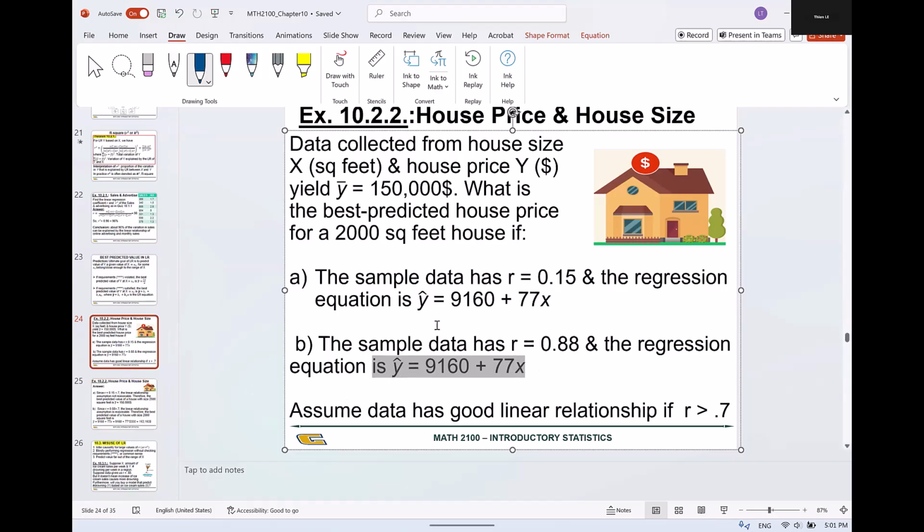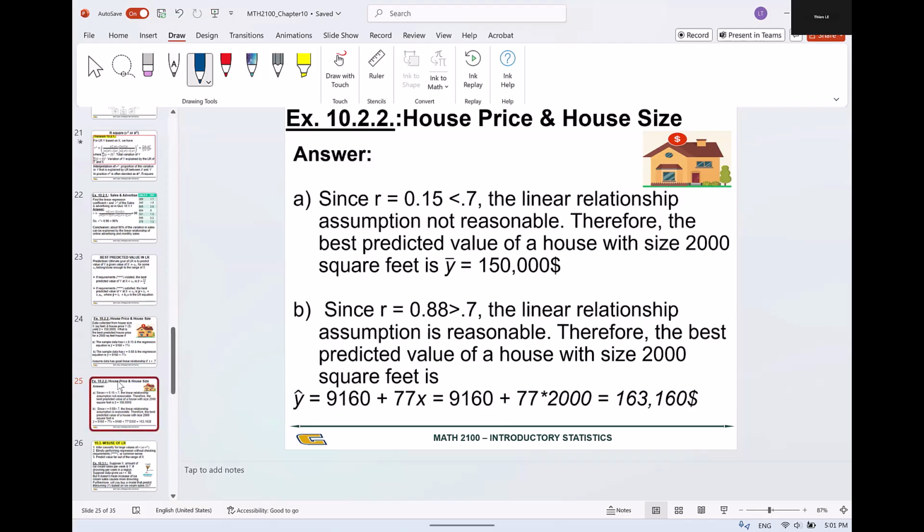This is the equation we use, right? And we want to predict the price of a 2,000 square feet house. So you just plug in x equal 2,000, and it gives us about $160,000 for this house size.